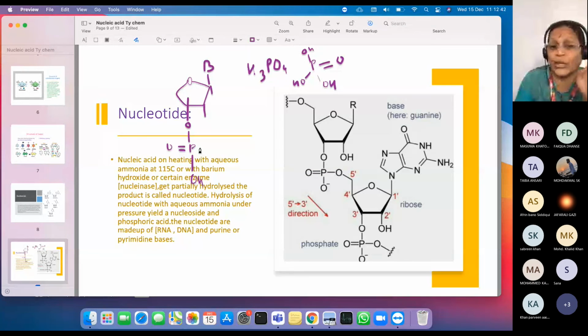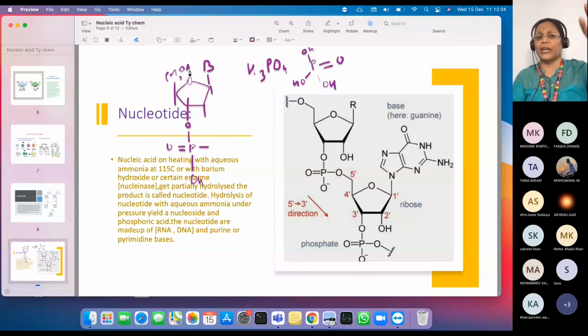The second OH I can be using for another sugar. So for another sugar, I will have here CH2OH, like this. See, over here we have that CH2OH. So when I write that next sugar, at the third or fifth carbon, we have this 1 2 3 4 5, that fifth carbon is going to attach.